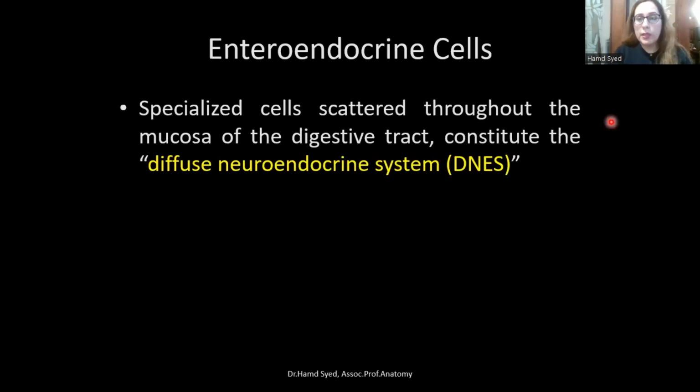So the DNES consists of cells which are scattered throughout the digestive tract, and collectively they are known as the diffuse neuroendocrine system.